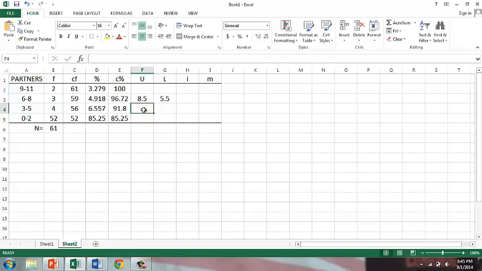The upper limit for the 3 to 5 category is halfway between 5 and 6, and the lower limit is halfway between 2 and 3, or 2.5. You'll notice that the upper limit of one group is equal to the lower limit of the adjacent group.